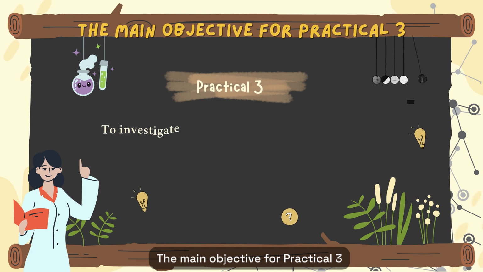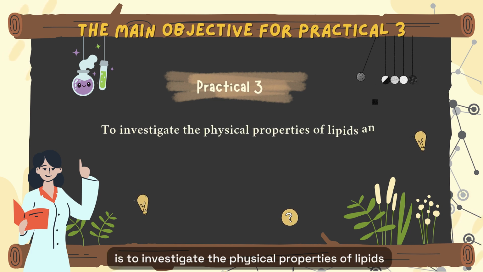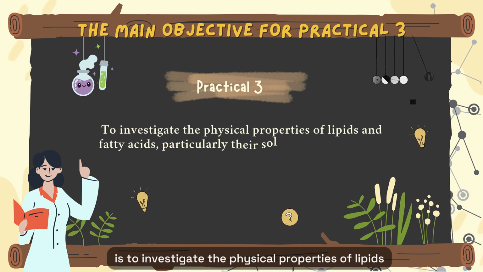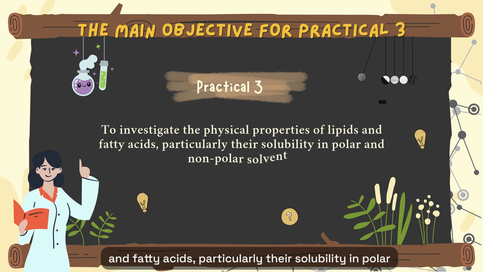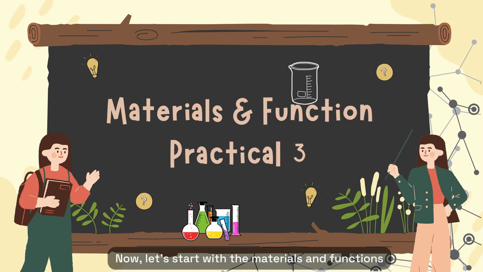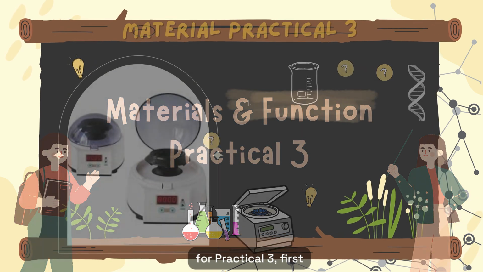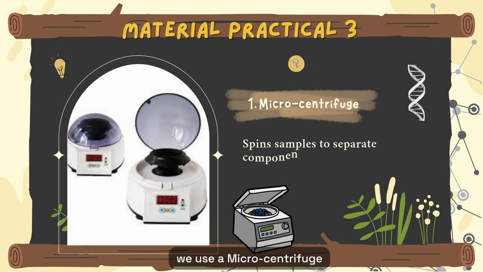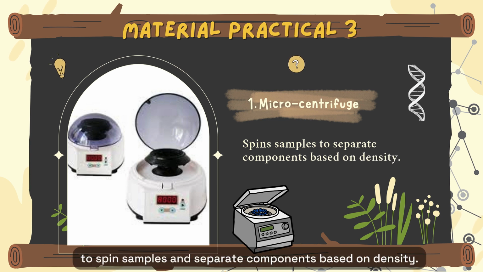The main objective for Practical 3 is to investigate the physical properties of lipids and fatty acids, particularly their solubility in polar and non-polar solvents. Now, let's start with the materials and functions for Practical 3. First, we use a microcentrifuge to spin samples and separate components based on density.